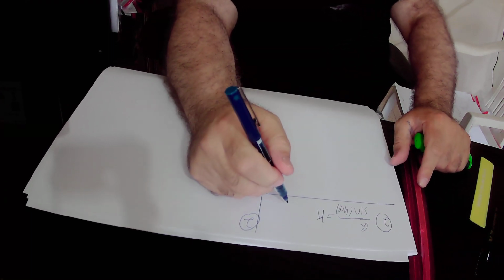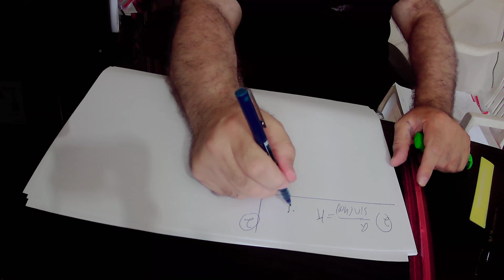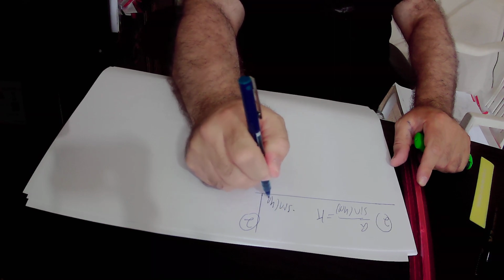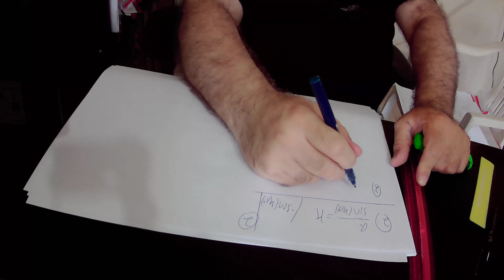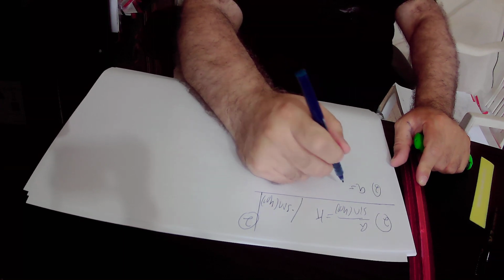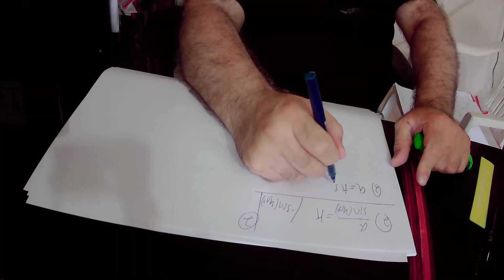Here we multiply equation number 2 by sine 40 degrees, and we get that a equals k times sine 40 degrees.